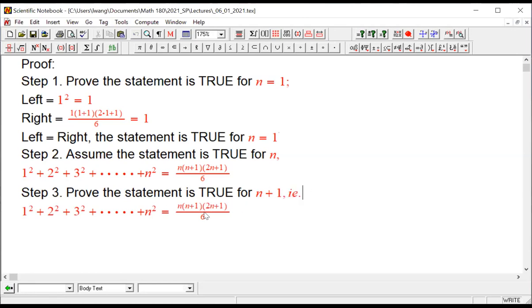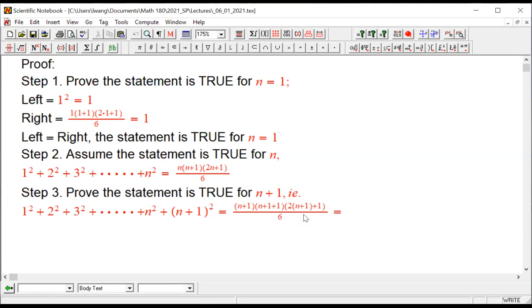Okay, for n plus 1, we will have another term, n plus 1 squared. On the other side, n will turn to n plus 1. So this n turns into n plus 1. This n is also turning to n plus 1.